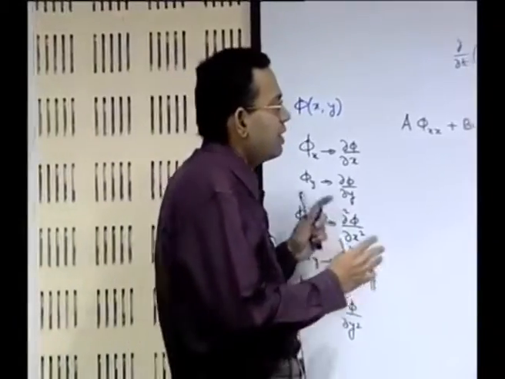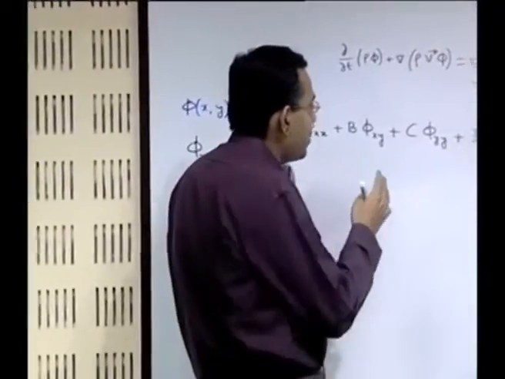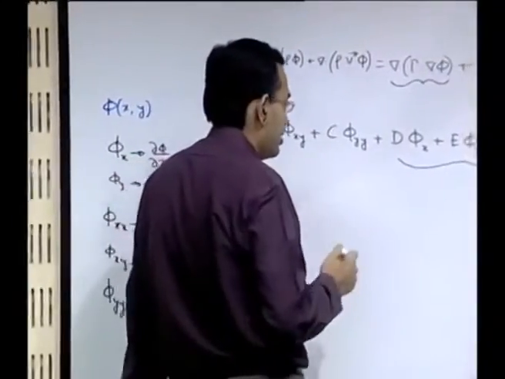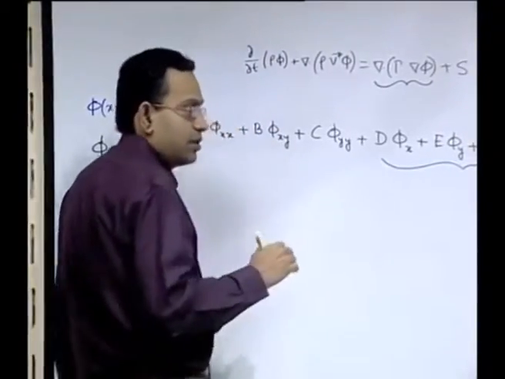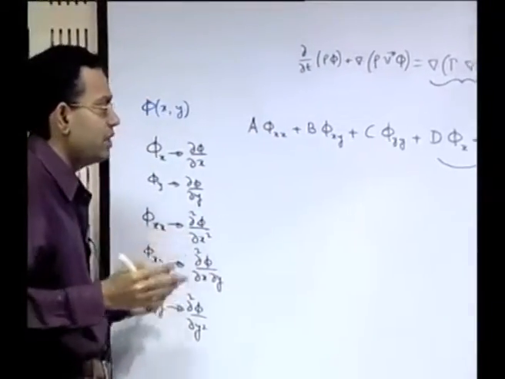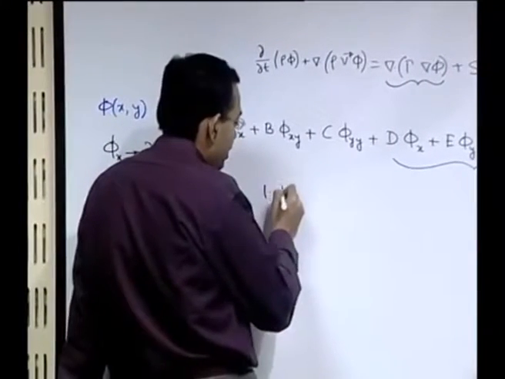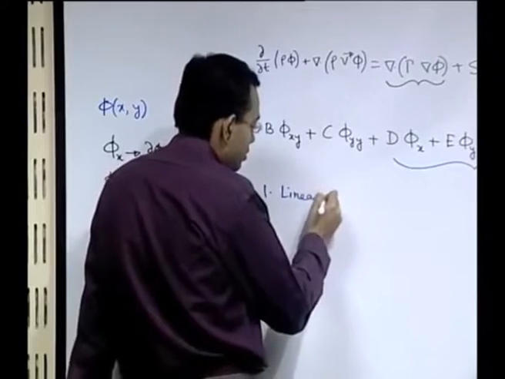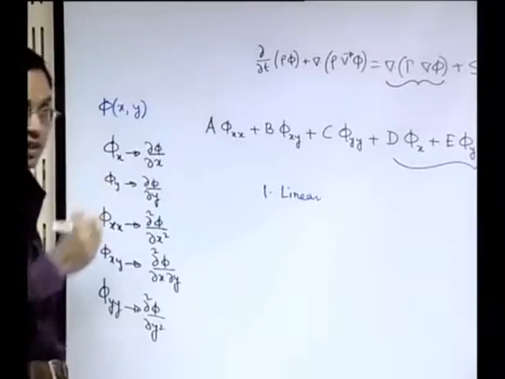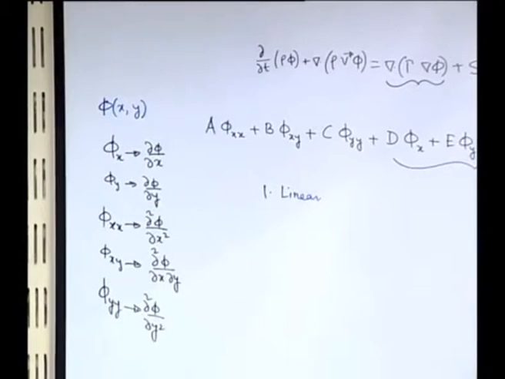let us first try to understand what can be different types of these partial differential equations. Now the classification may be of different types. One type of classification is in terms of linear or non-linear. So when you say it is a linear partial differential equation, what do we mean?